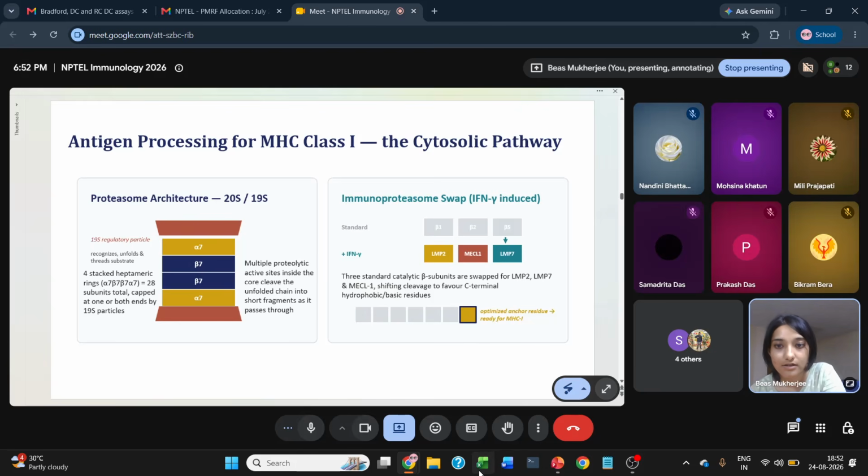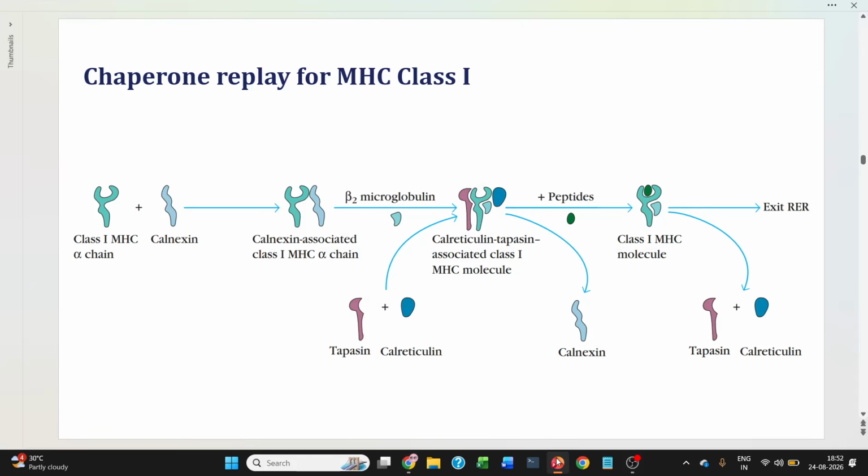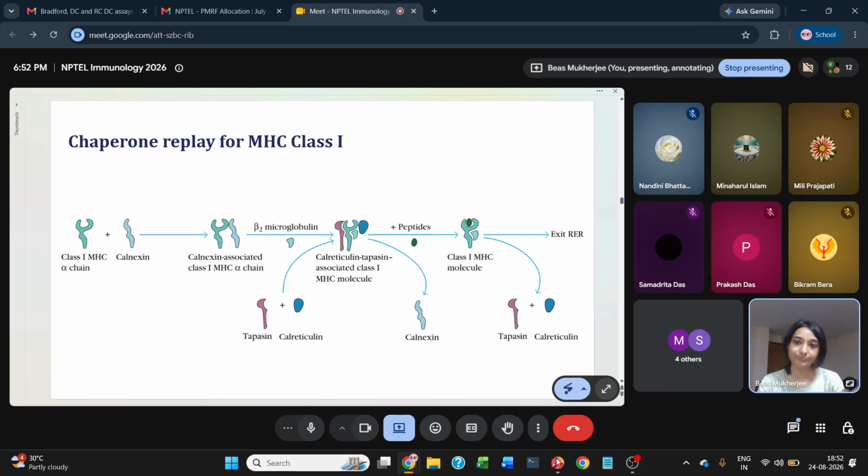Now, we go to this chaperone assembly. So remember what was happening? MHC class I was there. MHC class I is not very stable by itself. It is binding to calnexin, which is a chaperone. So the MHC class I alpha chain is binding to calnexin.